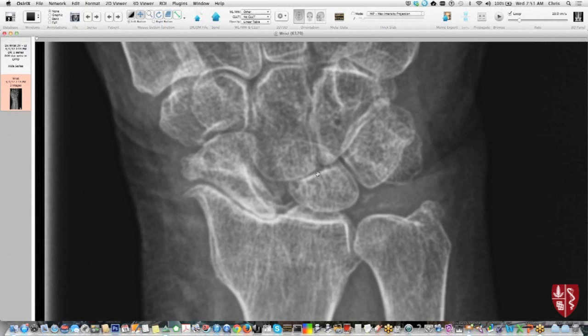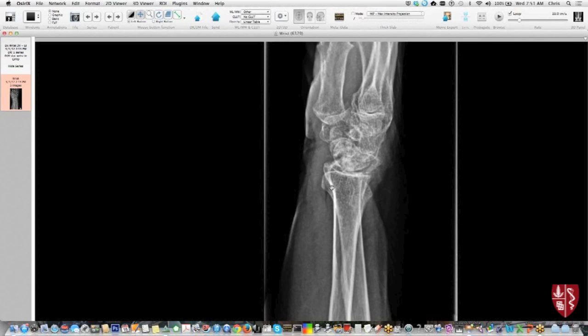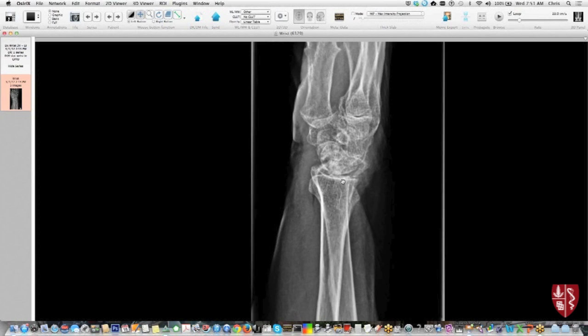And so SLAC wrist, or scapholunate advanced collapse, is something that occurs with deficiency of the scapholunate interosseous ligament. And what happens then is the carpal mechanics get disturbed, and it tends to lead to a progressive arthropathy that involves particularly that radioscaphoid articulation.